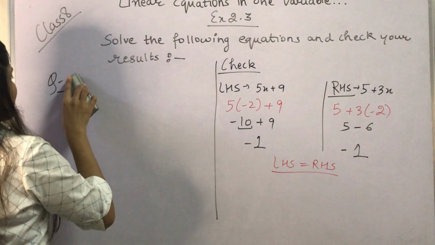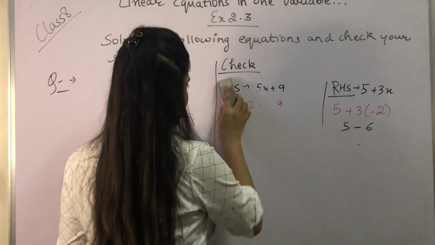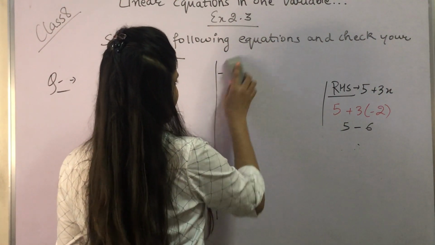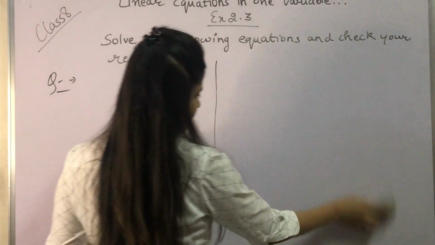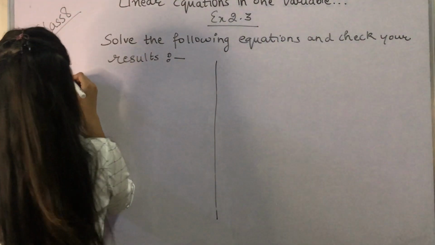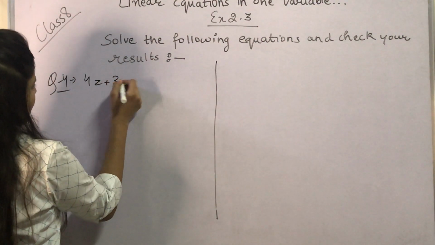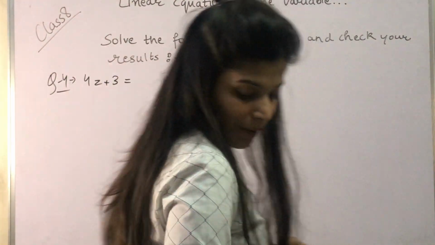Now children, question number 4. Says 4z plus 3 equals to 6 plus 2z.